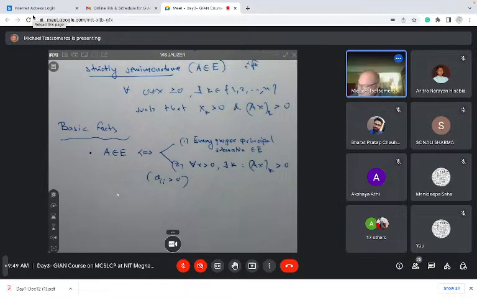So another fact that's very closely related to this is that A is a strictly semi-monotone matrix if and only if... the proofs of these equivalences are not hard, but they're technical. They're not conceptually hard, but they're technical.